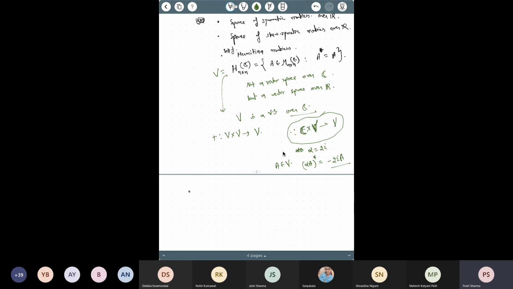Similarly, there are many other standard examples. Let me write one or two more so that I can use these notations in the following lectures.